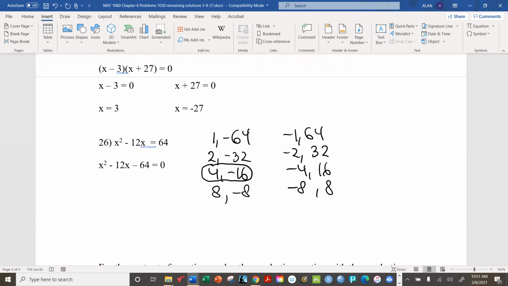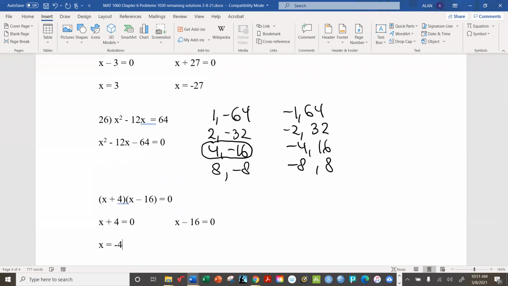All right, so that means that x plus 4 times x minus 16 equals 0. And that in turn means that x plus 4 equals 0 and x minus 16 equals 0, so that x equals negative 4 and x equals 16.